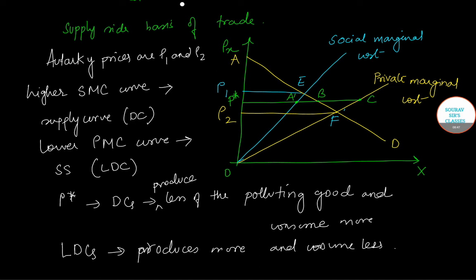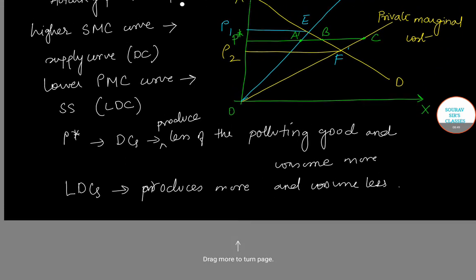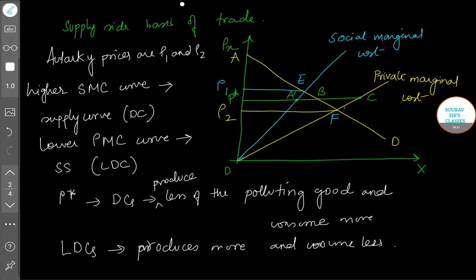Okay, now this must have some implications. So environment as a basis of trade actually has two implications. What are these?